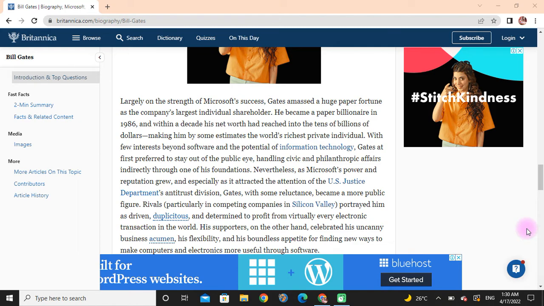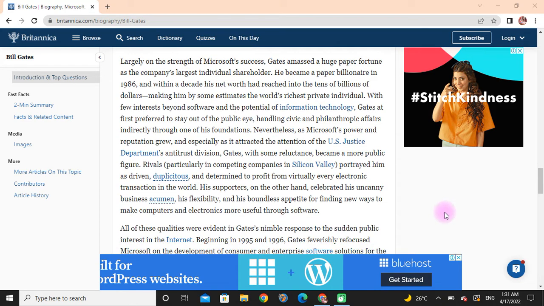Gates at first preferred to stay out of the public eye, handling civic and charitable affairs indirectly through one of his foundations. Nevertheless, as Microsoft's power and reputation grew, and especially as it attracted the attention of the US Justice Department, Gates became a more public figure, with some critics saying he was determined to profit from virtually every electronic transaction in the world.